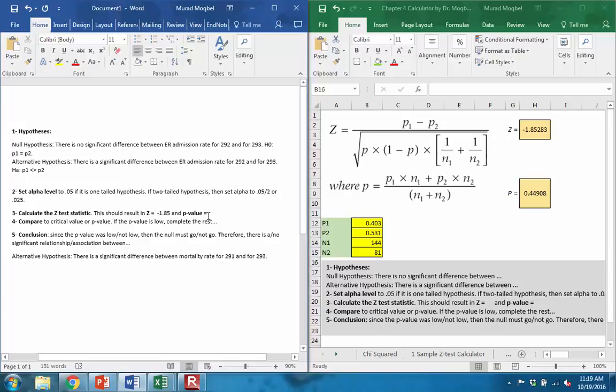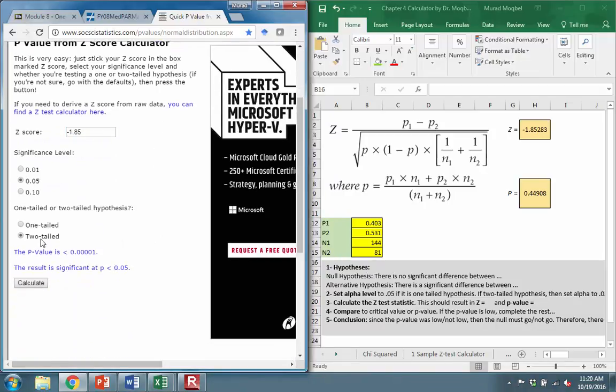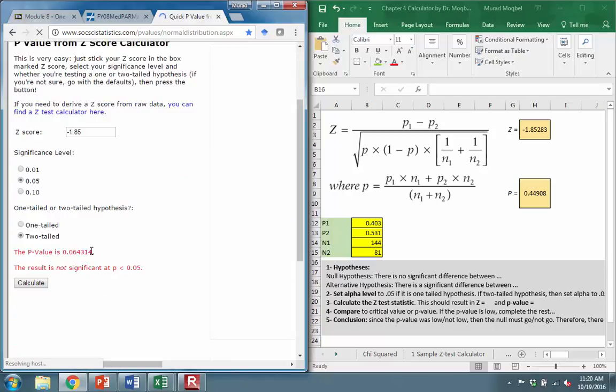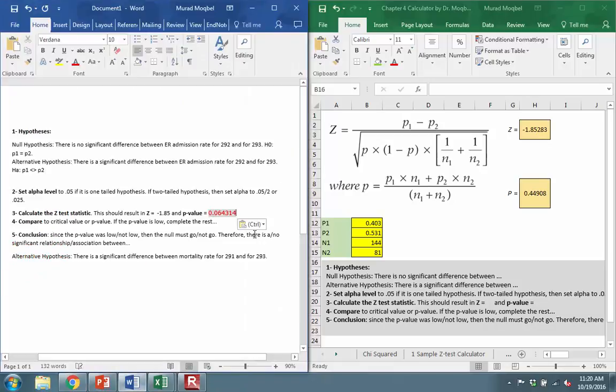What is the p-value equivalent to it? I'll just plug it in here, negative 1.85. Now it is two-tailed, yes, and then I'll calculate, and this is what I got here. That's the p-value. It is high, so it is even in red telling me that the p-value is high.